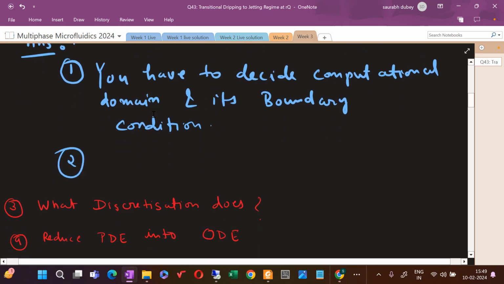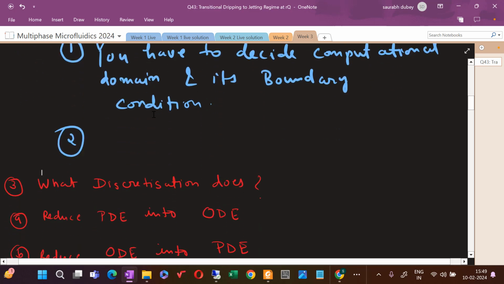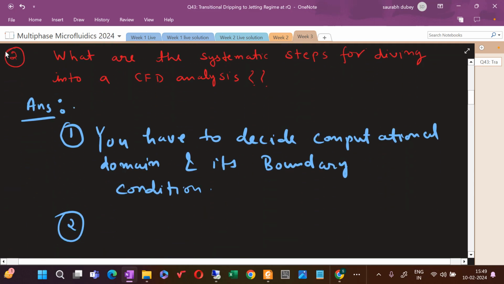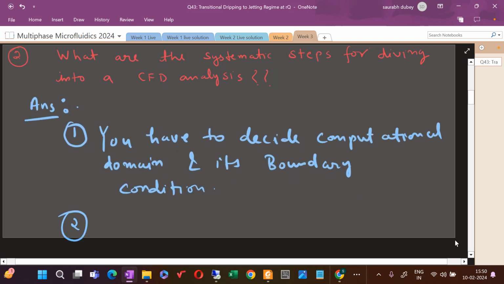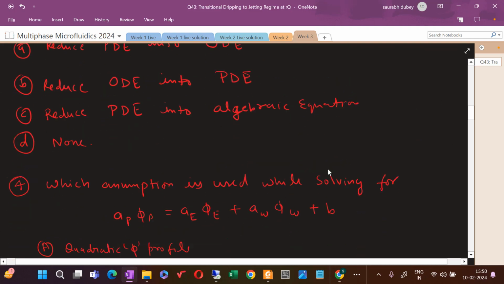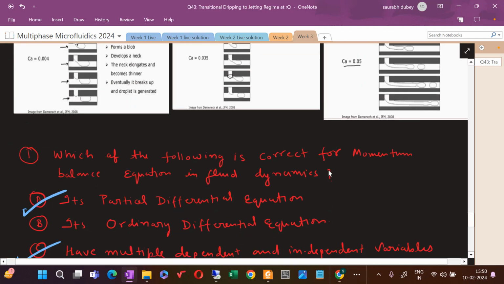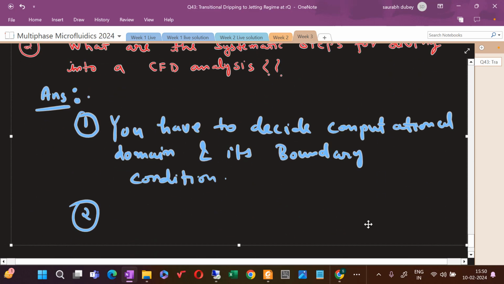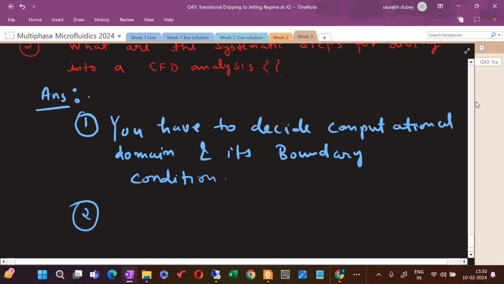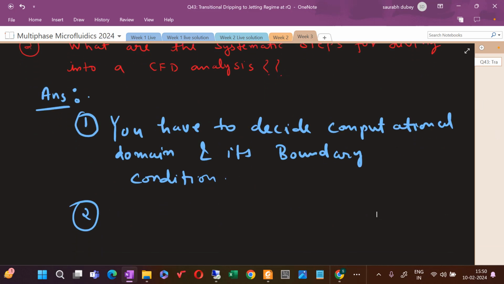Second, once the computational domain and the boundary condition are decided, let me take this to the bottom so that the discussion becomes a bit easy. Once you decide it, in those boundaries you have to give velocity boundary condition, pressure boundary condition, stress boundary condition, and if there is a free stream, then the free stream boundary condition.